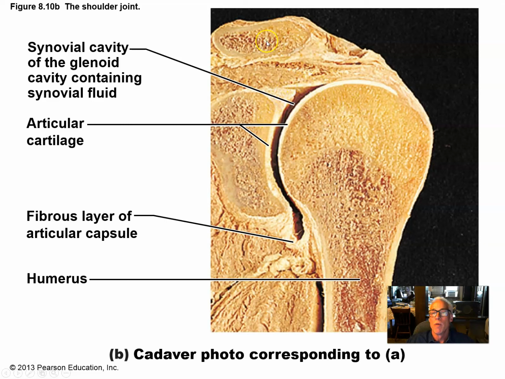You can see the acromion, the glenoid fossa, the head of the humerus, the diaphysis of the humerus, the joint capsule right here, and more of the joint capsule here, the joint cavity. It's just a wonderful illustration from real life of how this joint is constructed.